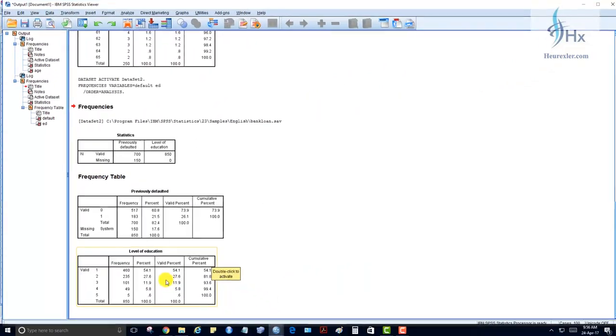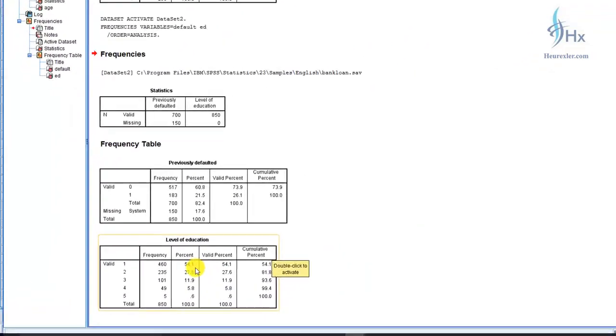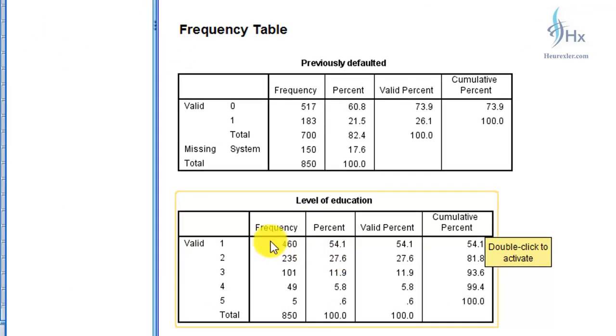Now similarly you can interpret the frequencies and percentages for the level of education. We have a total of 5 levels of education, beginning from 1, those who did not finish their high school, till a maximum of 5, those who have a postgraduate degree. Those who did not finish high school are the largest group in this data set, and they are 460 individuals, making 54.1% of the data. And the data is 850 individuals.